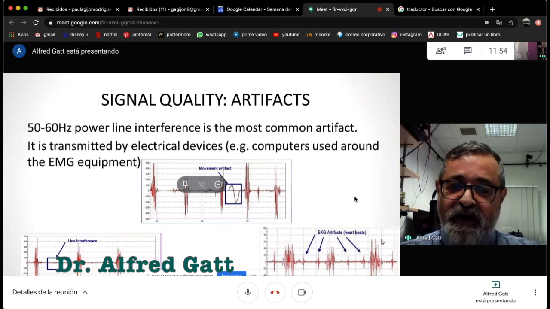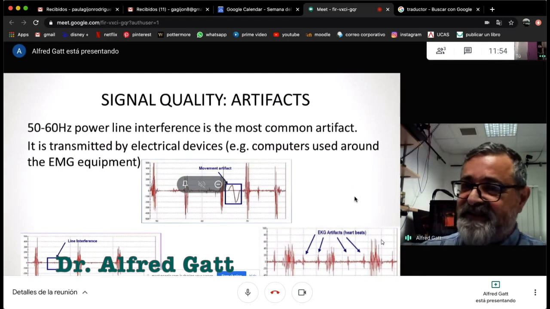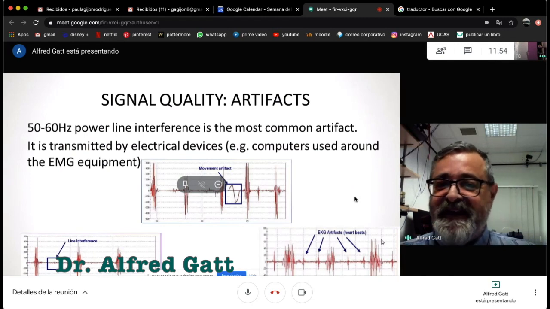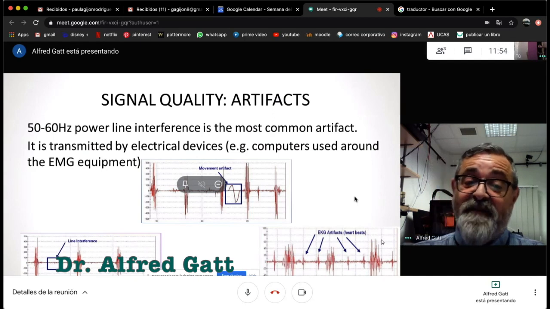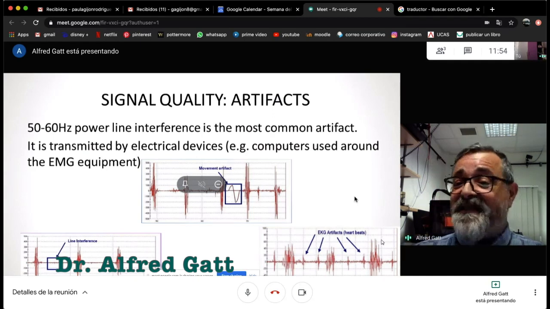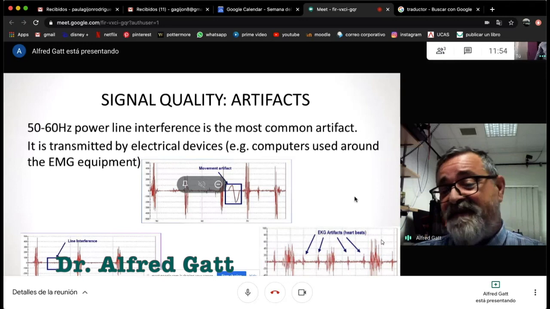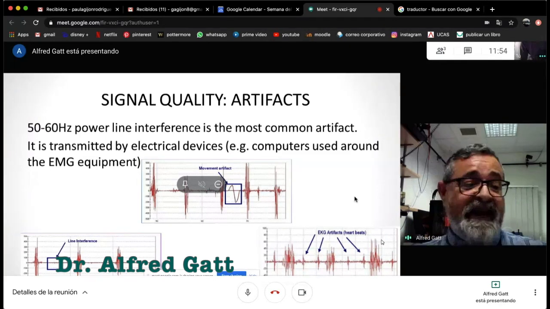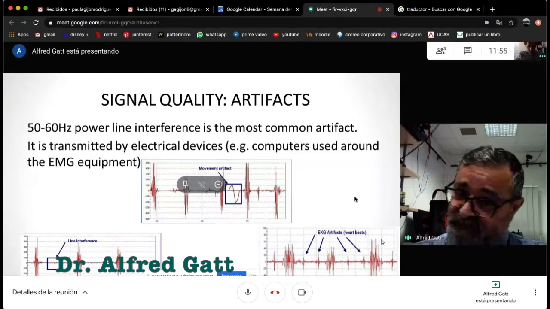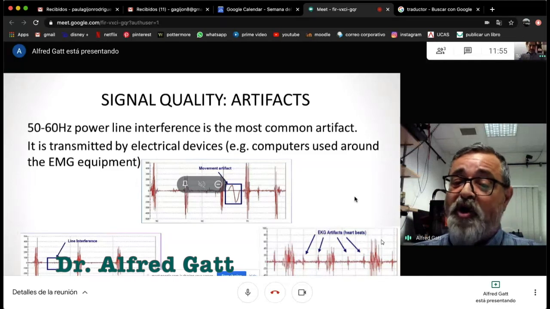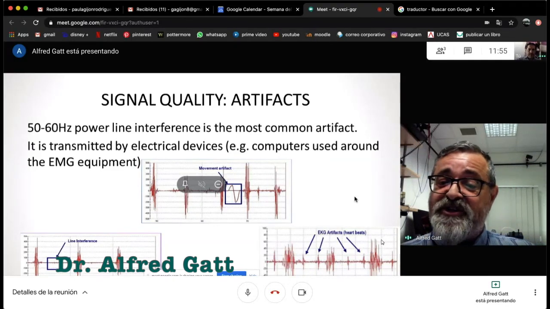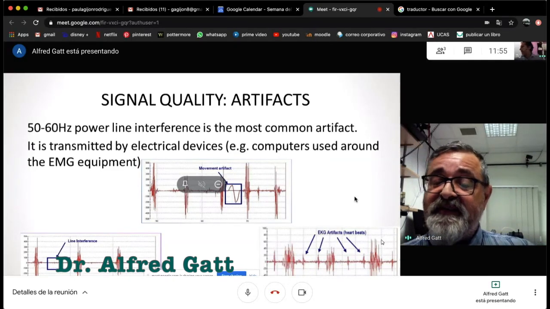We must be aware of artifacts in our signal, and these artifacts can arise from, for example, power line interferences. Our labs are full of computers which can actually interfere with the signal. There are also movement artifacts which can be present.